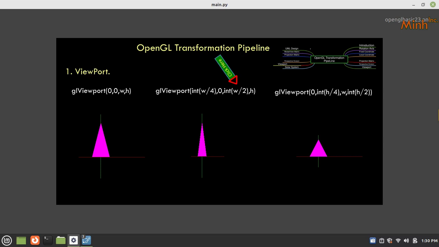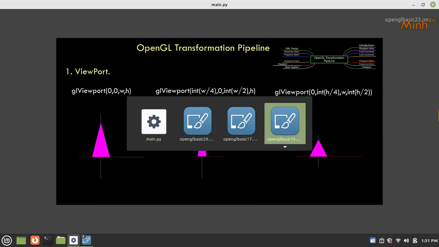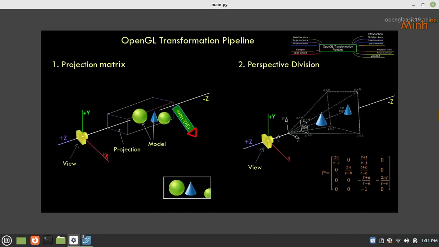Whatever width we are getting from the operating system, we are dividing by 2, and then we'll shift x to some location. It would appear like this. Appearance is changing, so the final coordinate is changing. If I modify the viewport, the object would look different. So this is a very crucial thing. It's not an easy thing.